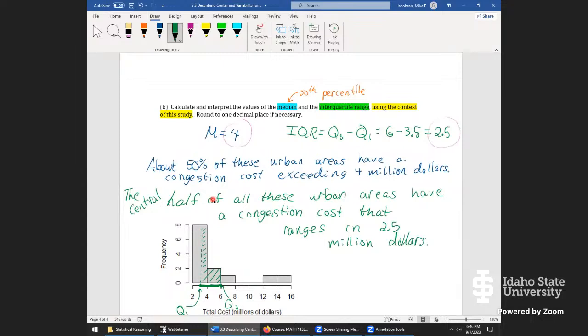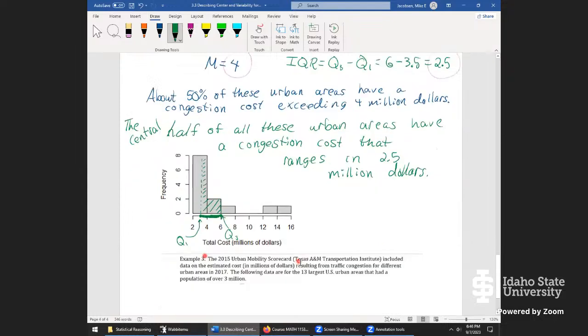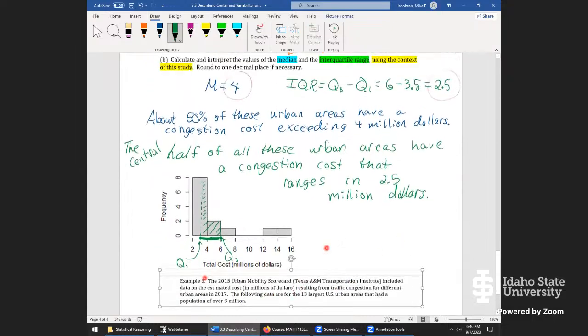So what we're saying here is the central half, that's going to be going this way. And when we say ranges, all the interquartile range gives you is a distance, a range. This is the length of the central half of all of our urban areas. So it's about $2.5 million is how far they range in the central half. So that's our interpretation on these data here.